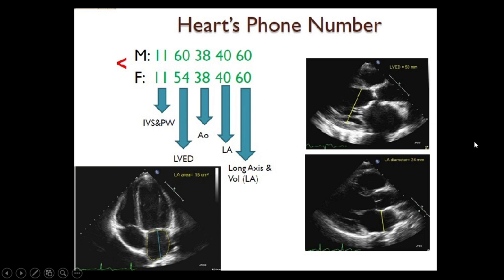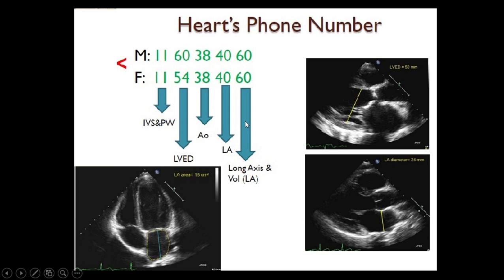There are two most important parameters that we have to remember, and we use them based on body surface area. As you know, many of those measurements depend on body surface area. One of them is the left atrial volume index and the other is the left ventricular volume index.